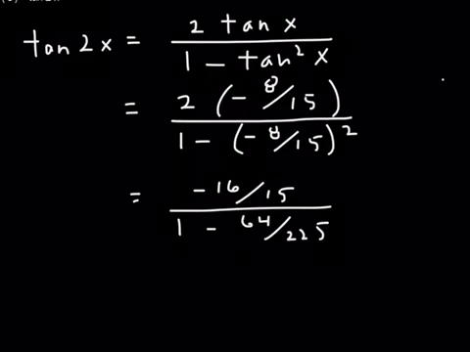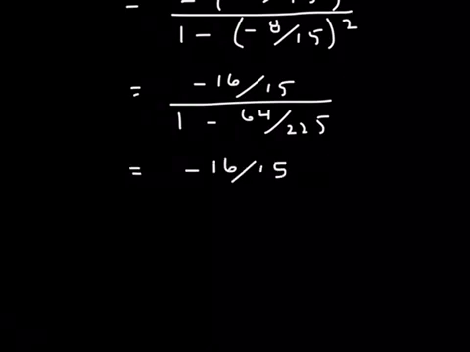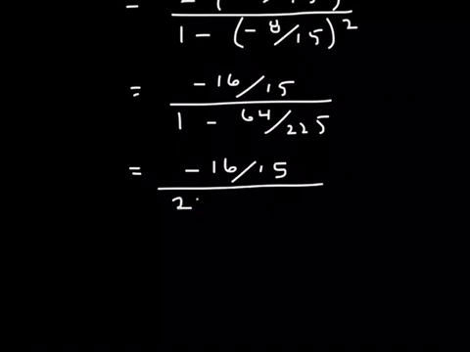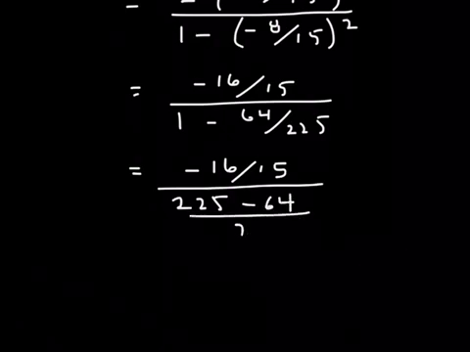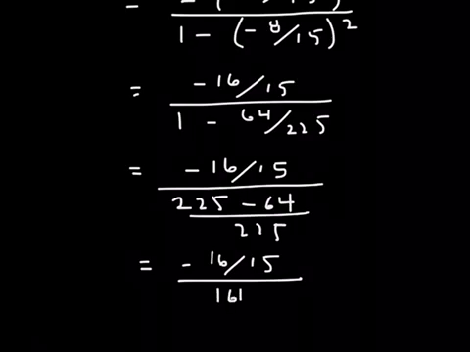This is the same thing as, continuing the arithmetic here, negative 16/15 over, now the number 1 is the same thing as 225/225, so it's 225 minus 64 over 225, which is negative 16/15 over 161/225.